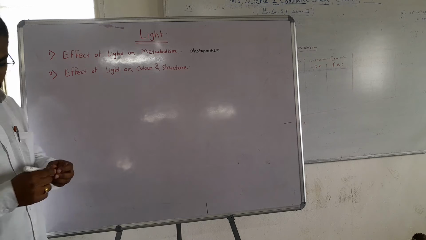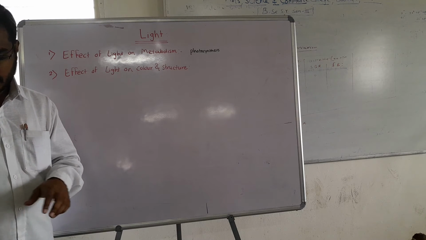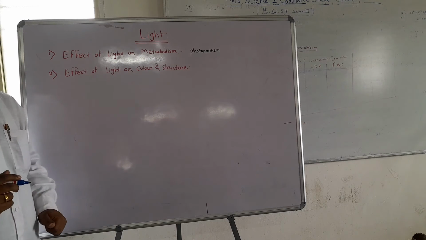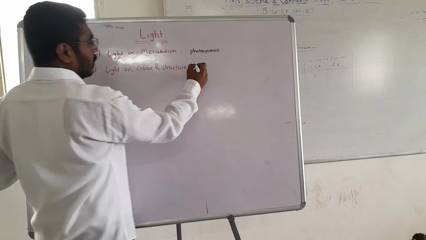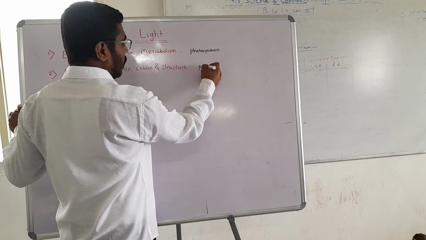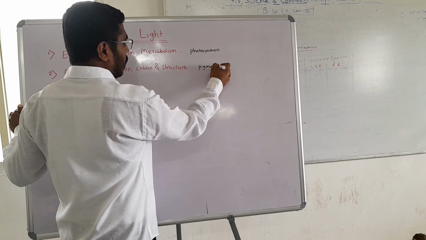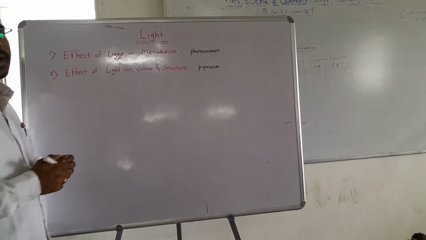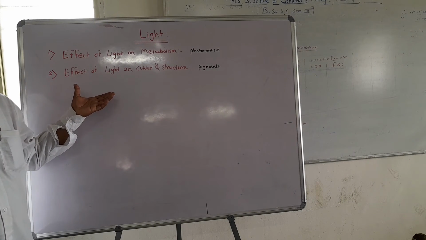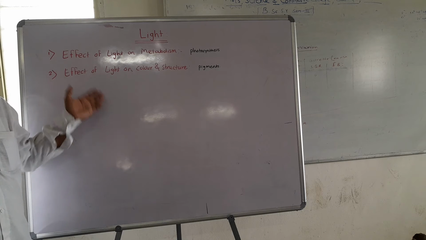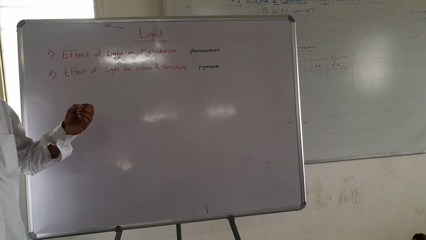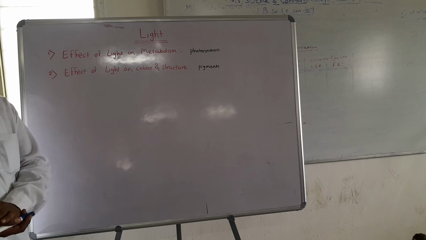We know that light is important to produce various pigments in plants as well as animals, and these pigments are useful for inducing color in such organisms, whether plant or animal.